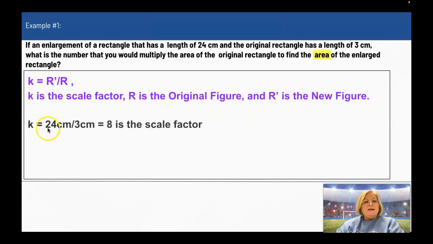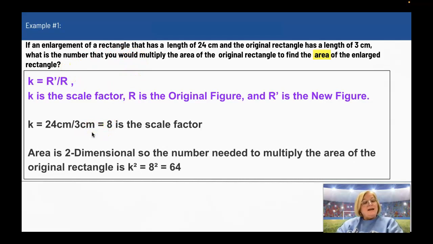So I have K equals 24 centimeters is my enlargement, my new figure, divided by 3 centimeters, and I'm talking about the length, so it's 8. 8 is the scale factor, but I don't multiply by 8 to find out my area. Area is two-dimensional, so the number needed to multiply the area of the original rectangle to find my enlargement area is going to be 8 squared, which is 64. 8 times 8.